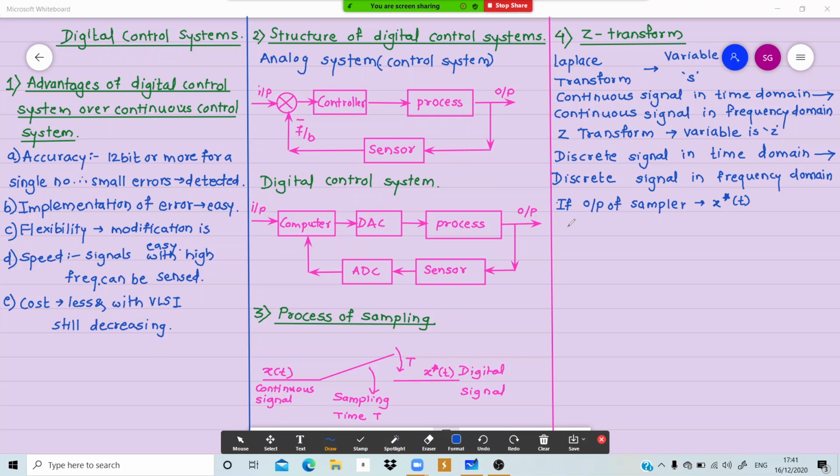Correct? So this x star of t, if I want to take Laplace of this, what it is going to be? Laplace of x star of t. So how we are supposed to write this? Let us say we are writing x star of s. We are in s domain only. We are talking about taking Laplace of the digital system, and what is going to happen because of this.